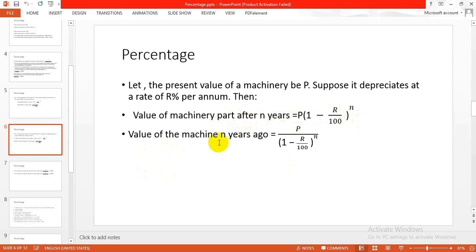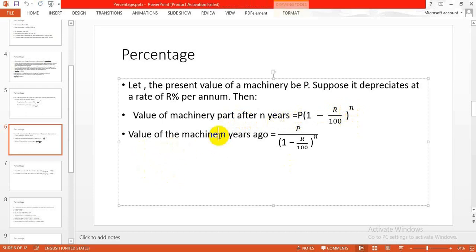The value of the machinery part n years ago was P by 1 minus R by 100 whole to the power n.